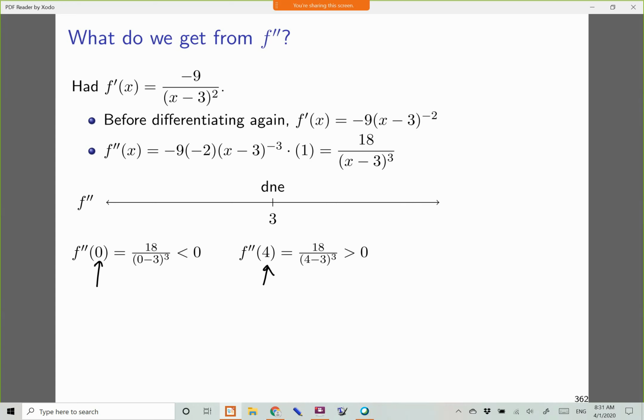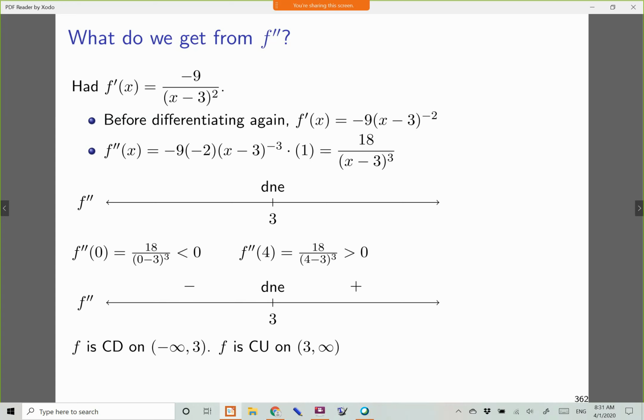So we end up actually with a denominator here of -3 quantity cubed, which is a negative, versus over here, the denominator is a +1 quantity cubed, which is positive. So that difference accounts for why you have a negative and a positive. Yeah, we've got f double prime negative, we have f double prime positive for the two different regions. And so this minus for f double prime tells us something about f being concave down. And then the plus for f double prime tells us about where f is concave up.